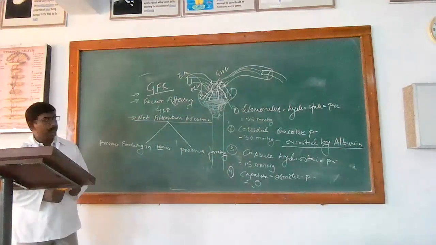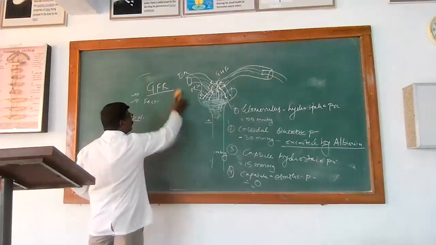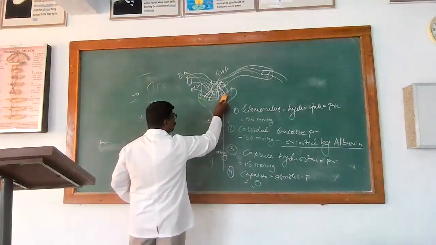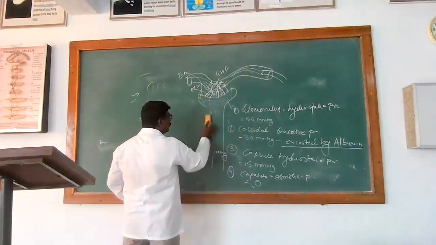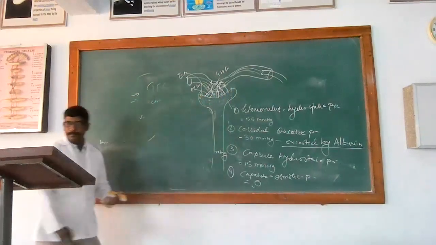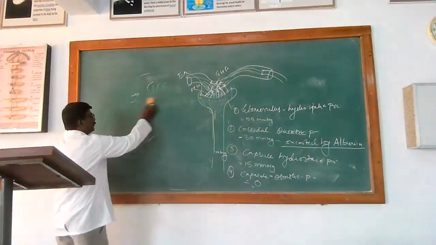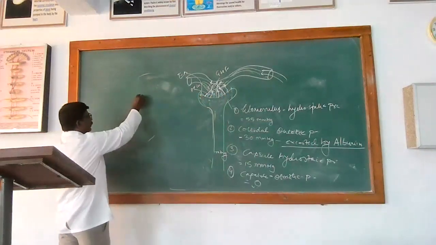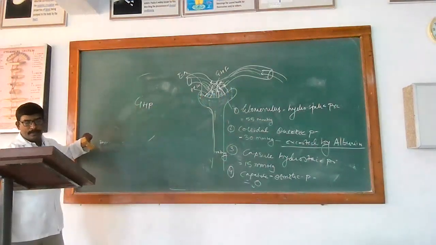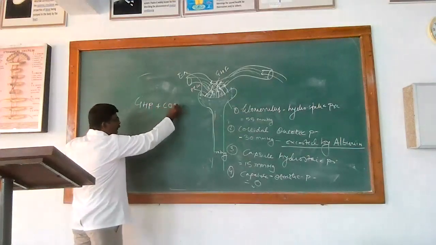So by doing this equation, we will see about the GFR. Glomerular hydrostatic pressure plus colloidal osmotic pressure.